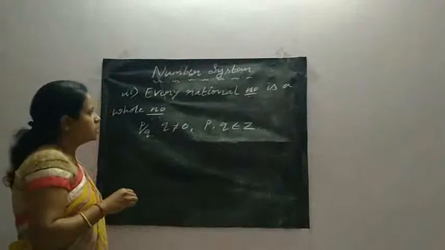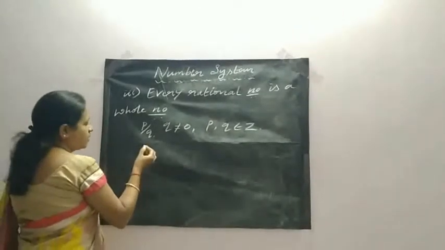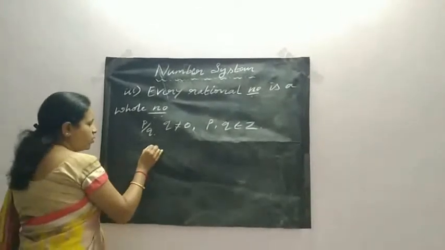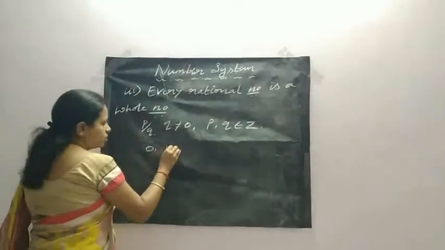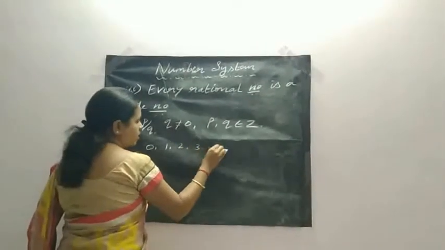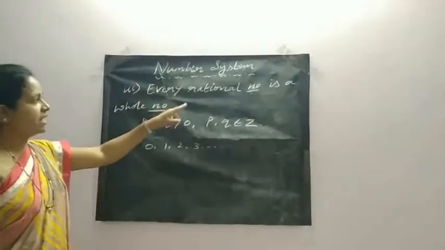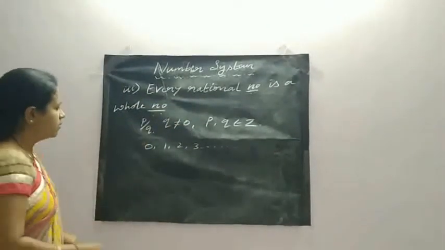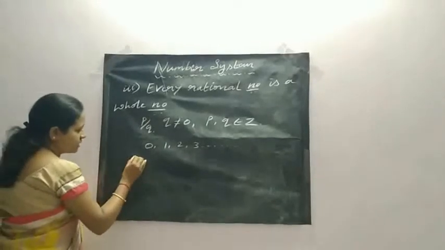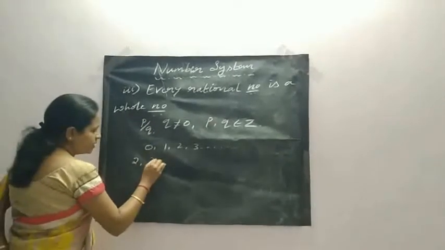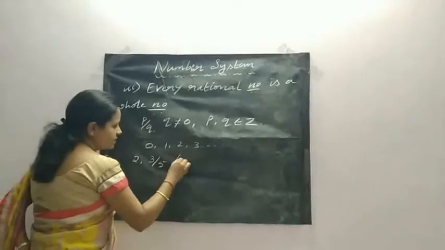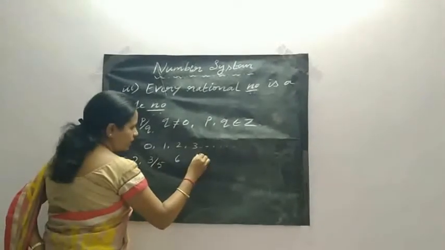And whole numbers means the natural numbers including 0, that is 0, 1, 2, 3, are called whole numbers. See the statement they have given: every rational number is a whole number.